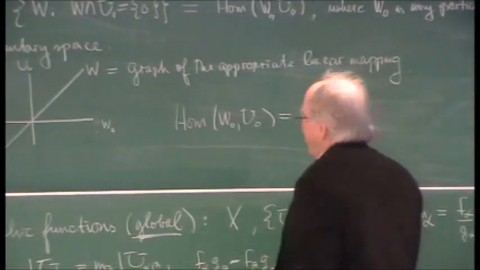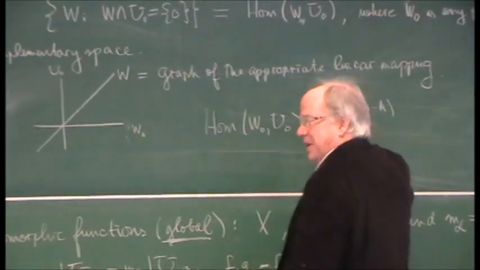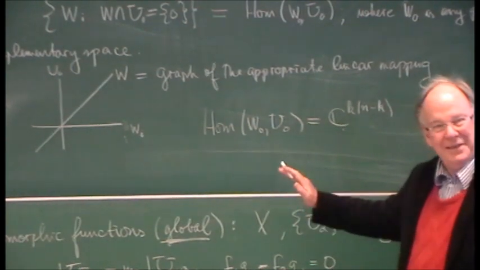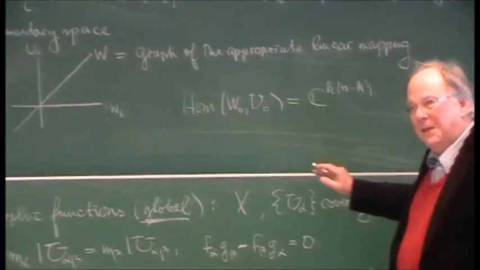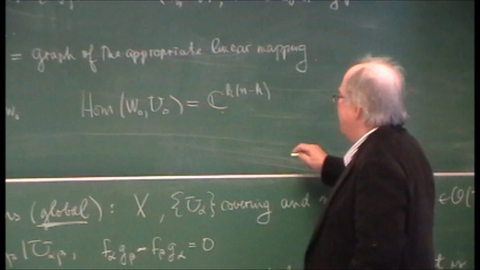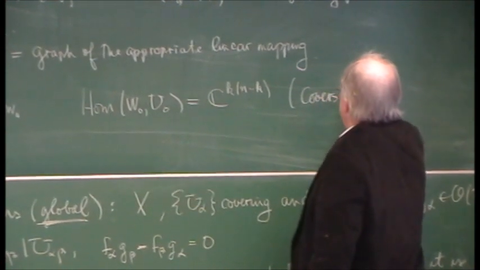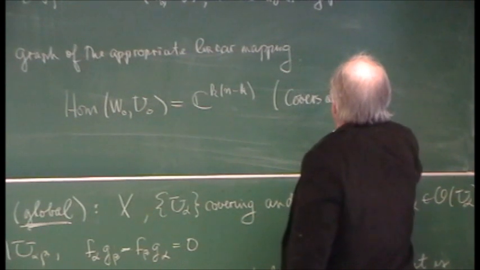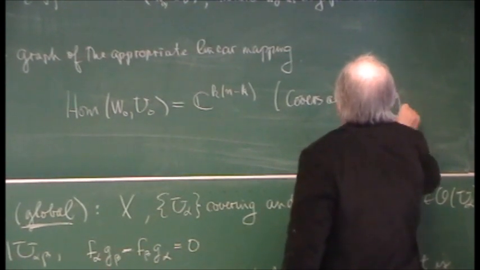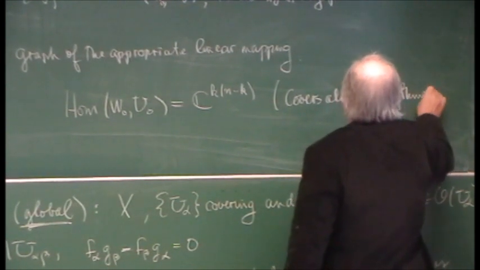So you see this chart is a huge chart. It's a big copy of C^n, and it covers almost everything in the Grassmannian.